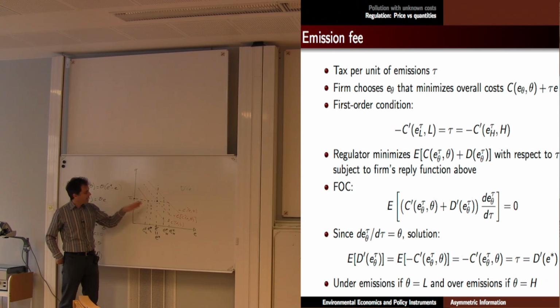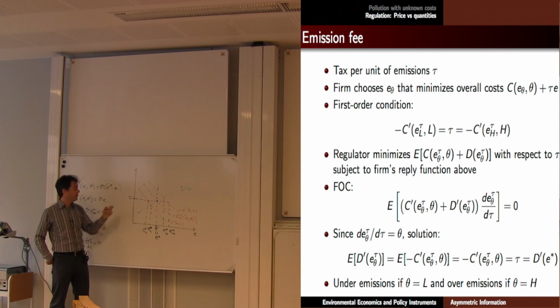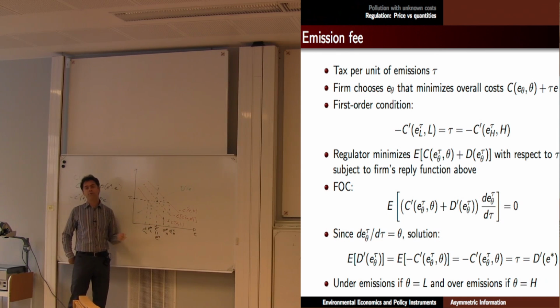So when the firm equalizes the marginal cost to the tax rate, which is based on some expectation, the firm emits less because it's cheaper to abate compared to the expectation. So the tax reflects the expected cost, but the costs are lower than what was expected when you designed the tax, and therefore the firm emits less, the firm abates more. And it's the reverse for the high-cost firm.